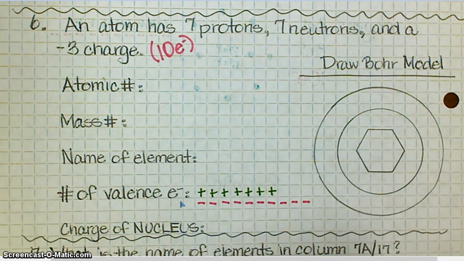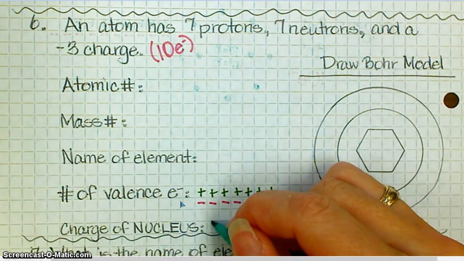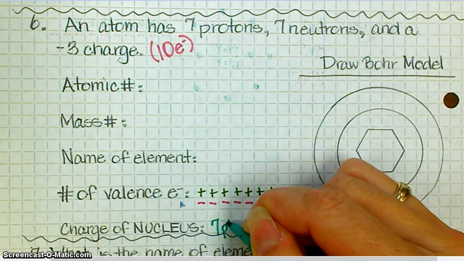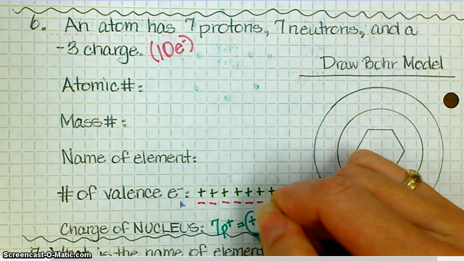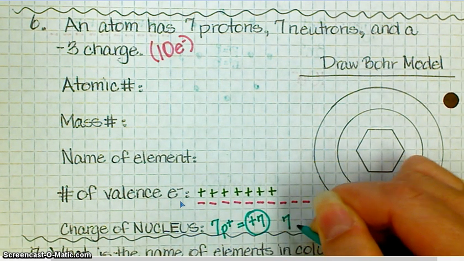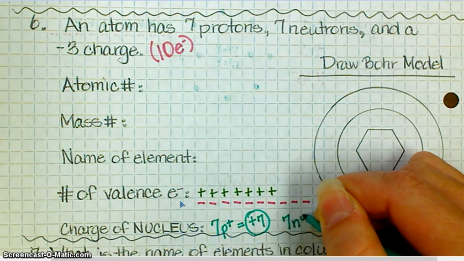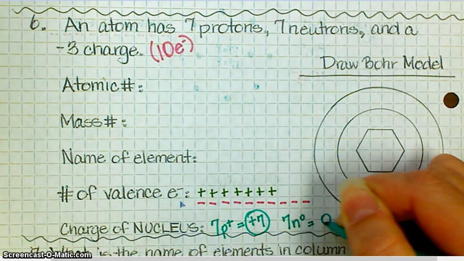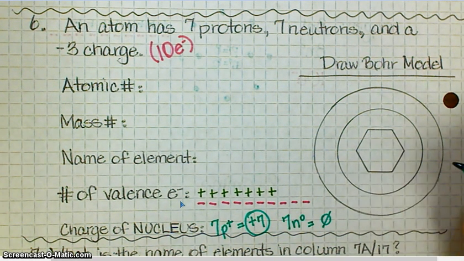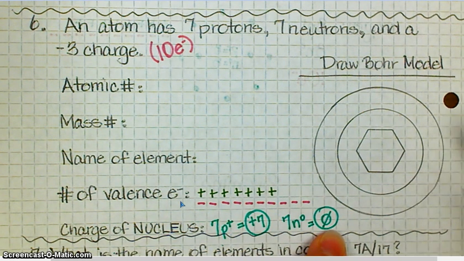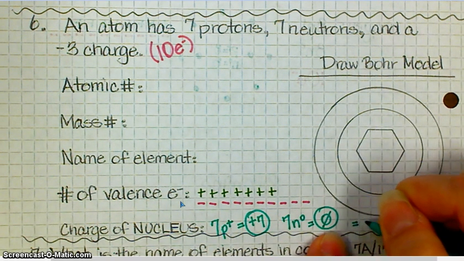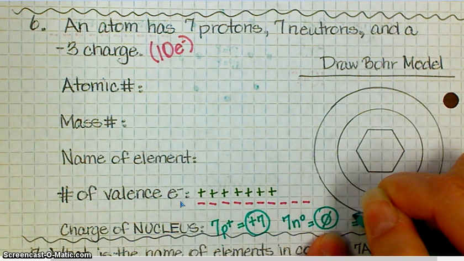What is the charge of the nucleus? Well, the nucleus contains 7 protons, which are positively charged, so a +7 charge, and the nucleus contains 7 neutrons, which have no charge. So if you're talking about just the charge of the nucleus, that's a +7 and a 0, so the charge of the nucleus is +7.